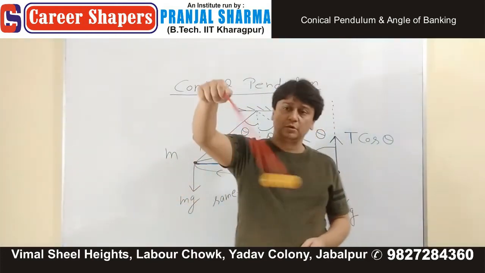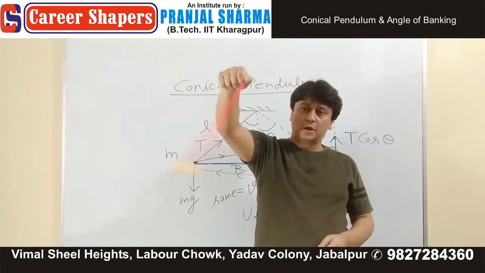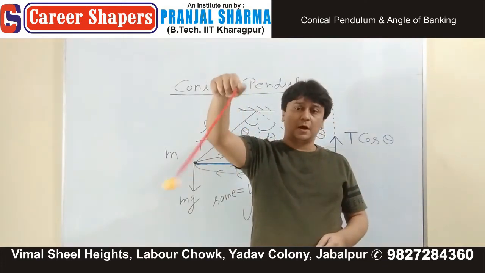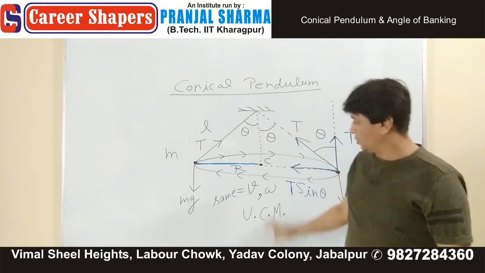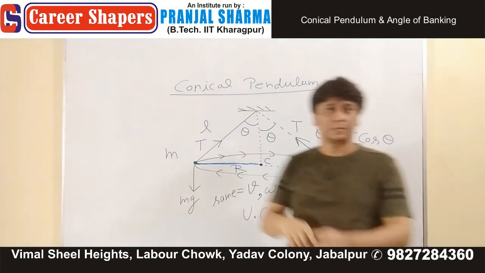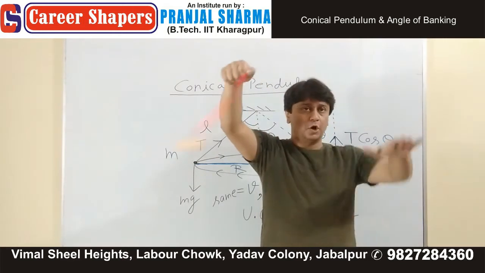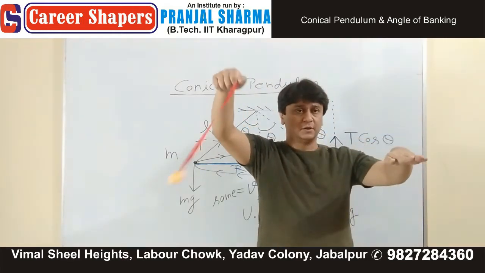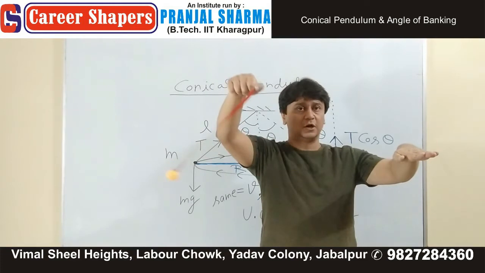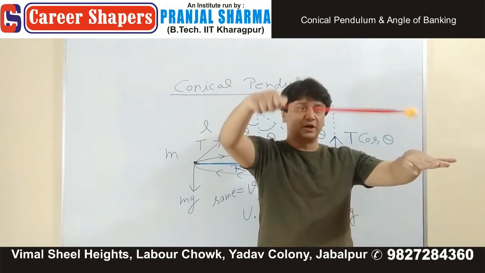This is the cone, and if we keep V the same, then you can see that this object always maintains a given horizontal plane. If you don't change the speed, it will not go up or down.